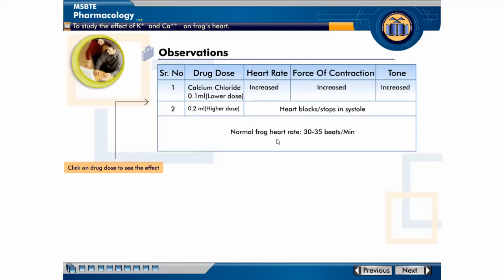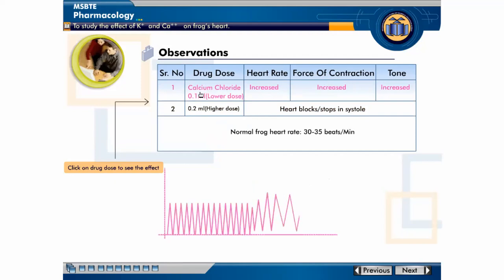Then second, calcium chloride, that is the effect of calcium ion. When 0.1 ml dose is injected, then what happens to heart rate and force of contraction? Heart rate and force of contraction get increased compared to normal activity when we inject calcium chloride.